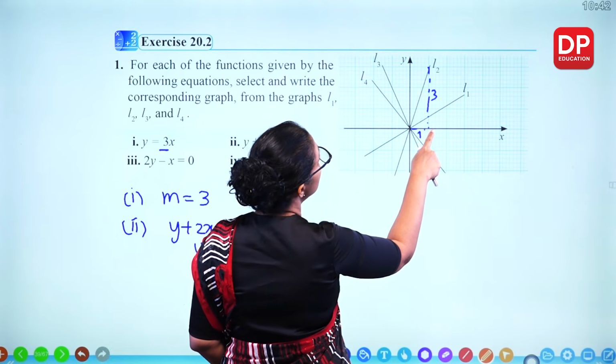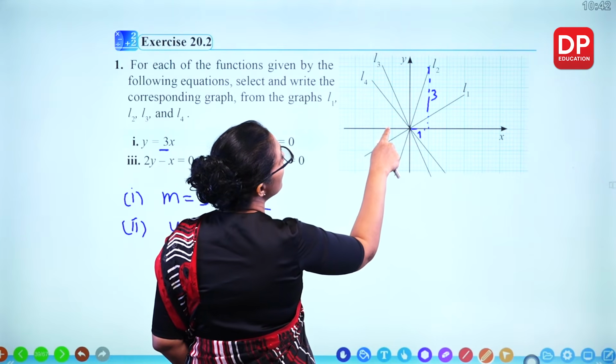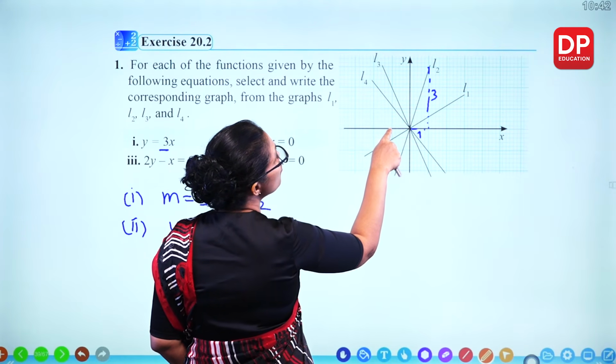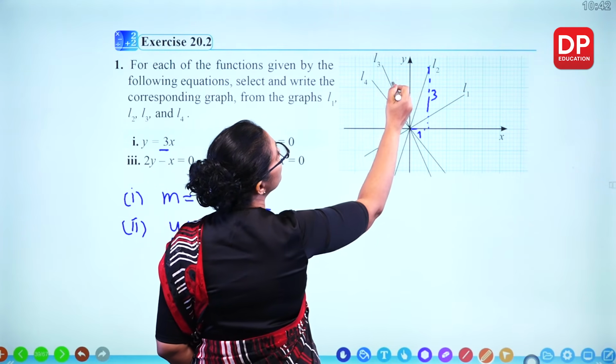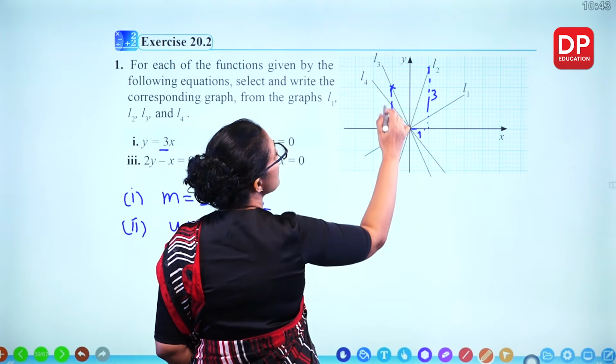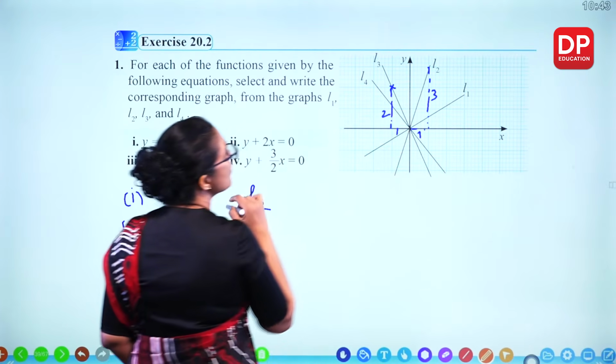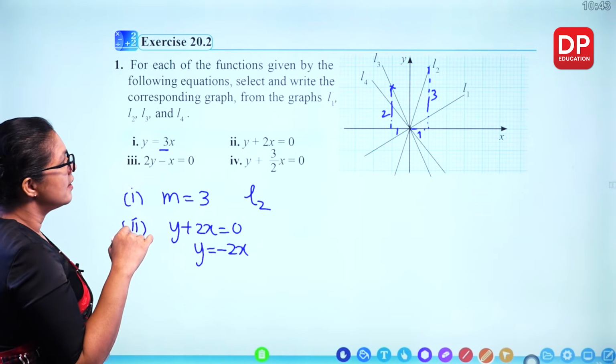From here, if you take 1 square here, 2 squares up. Look at this one, 2 squares up with 1 square to this side. So that's L3.